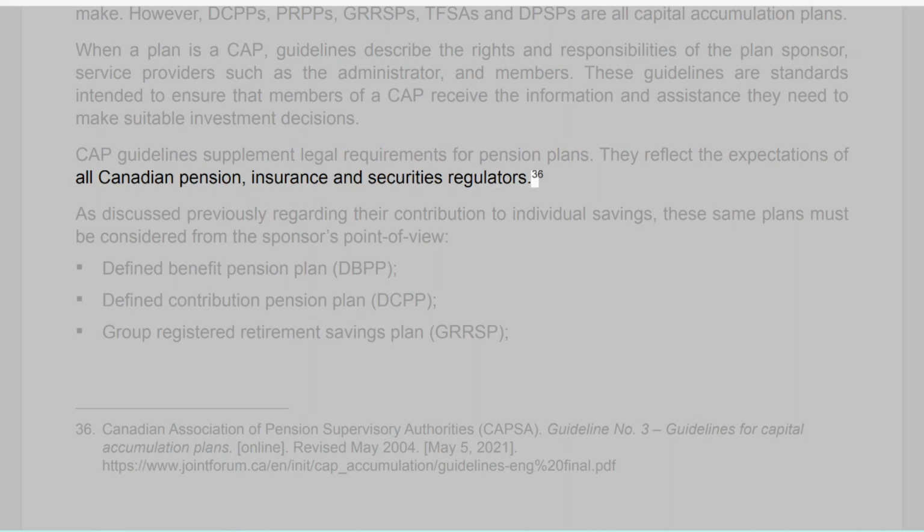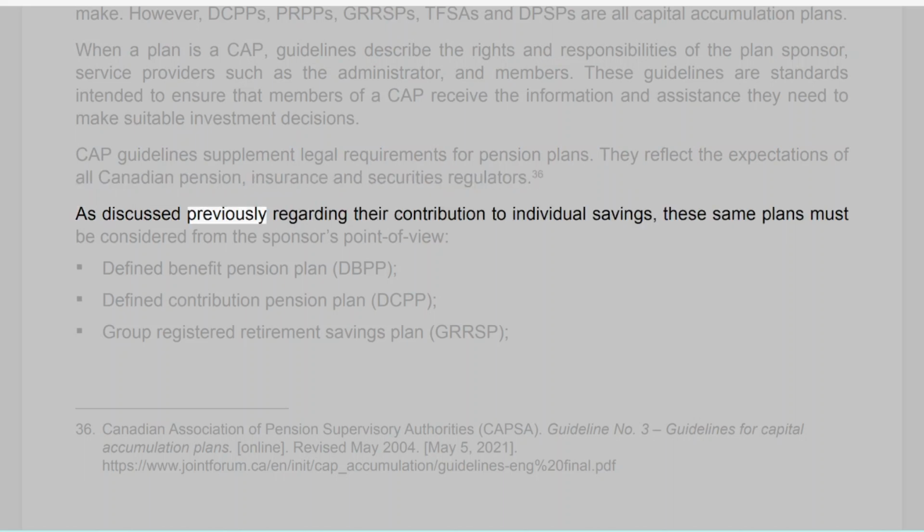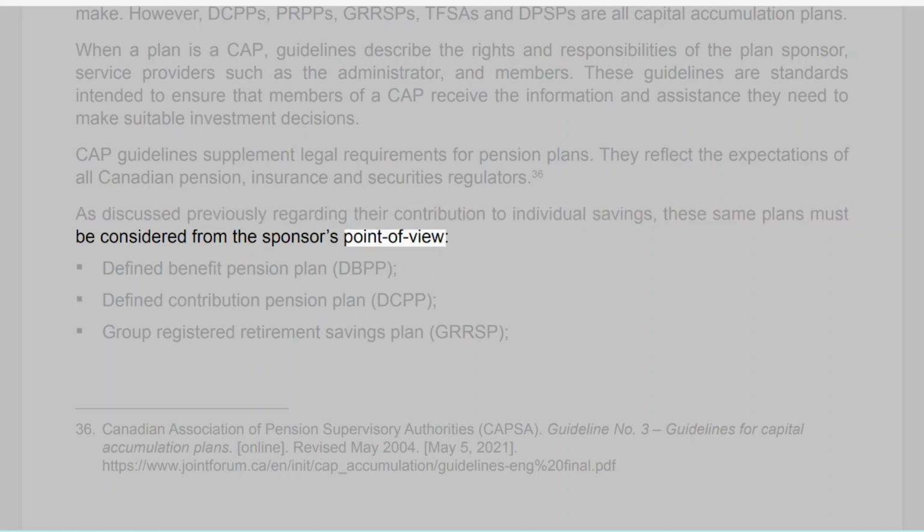Point 36. As discussed previously regarding their contribution to individual savings, these same plans must be considered from the sponsor's point of view. Defined benefit pension plan, DBPP. Defined contribution pension plan, DCPP.